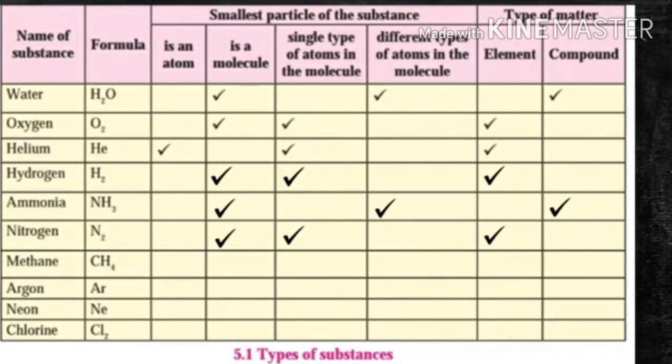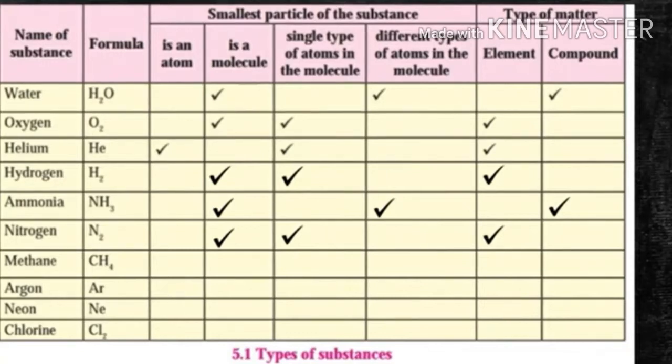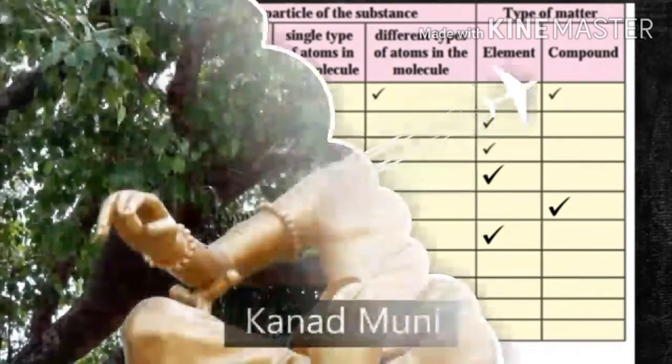It is an element because one type of substance N is there. And compound, put dash. Then remaining examples, that is of methane, argon, neon, chlorine. Try yourself, refer to the above examples and complete the table.